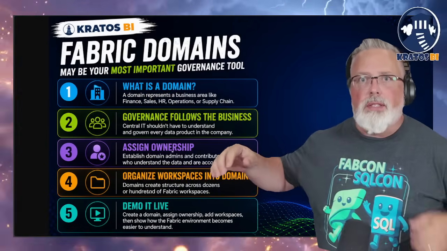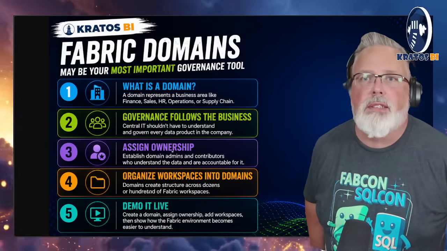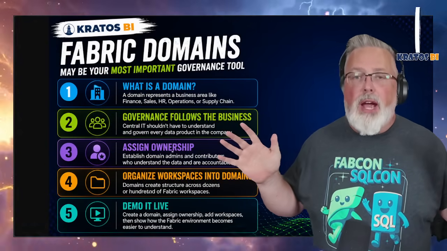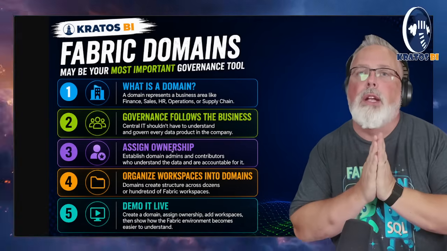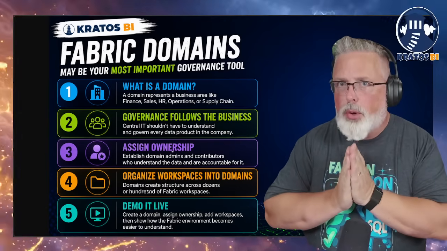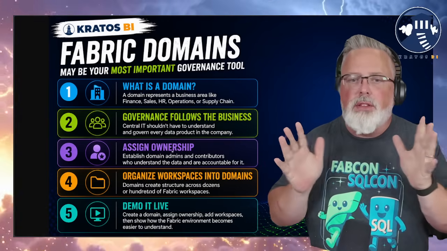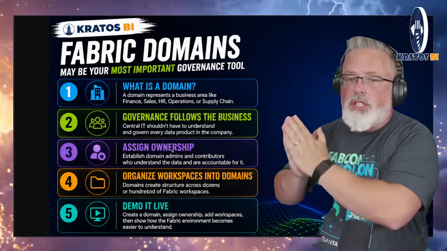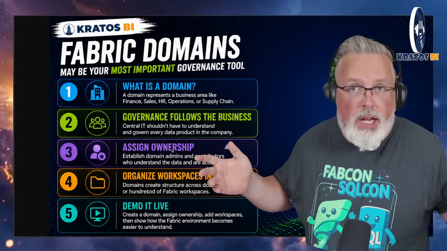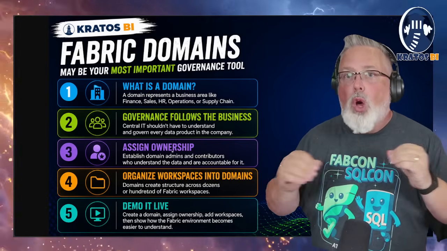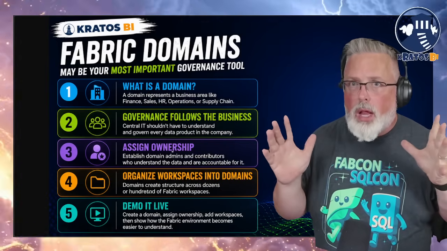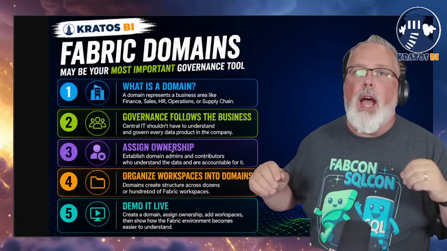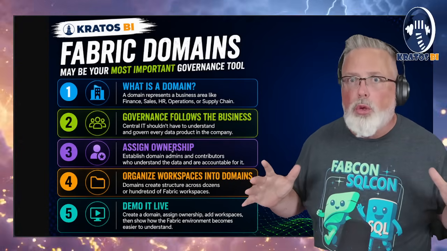All right, let's talk Fabric domains. When we're talking about Fabric domains, this is how we're going to separate out the work inside the organization, and we're going to separate things like finance, sales, HR, operations, supply chain, or IT, right? The whole point of this is to allow these different organizations to have domain-based ownership of this.